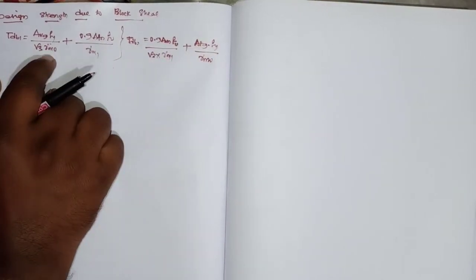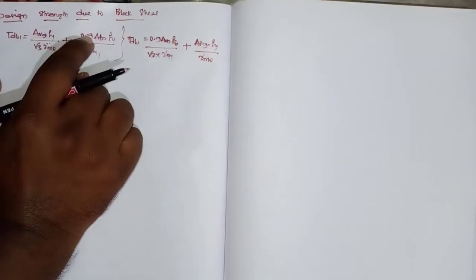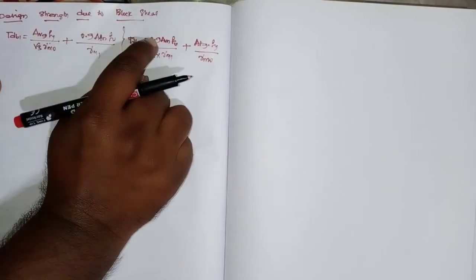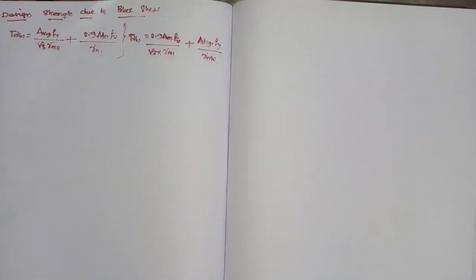Reverse, this will be gamma m naught means gamma m1, gamma m1 means gamma m naught. 0.9 here comes for tension, it comes for shear, that you have to check. Very easy to remember the formulas, okay.